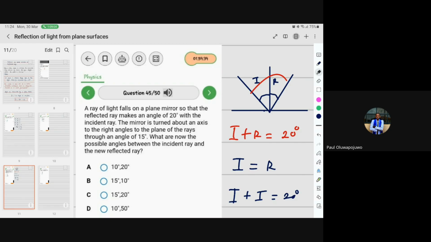For the first one, let's use anti-clockwise. I think that one will be less. The distance between the original incident ray and the final reflected ray will be the incident ray plus the angle of rotation. Then the final answer times 2.